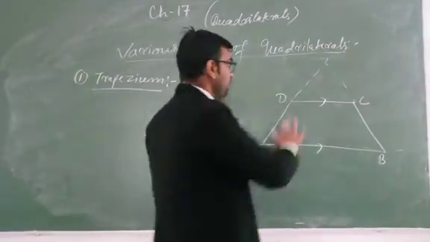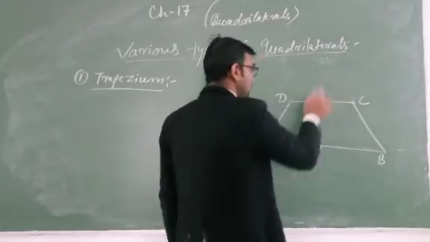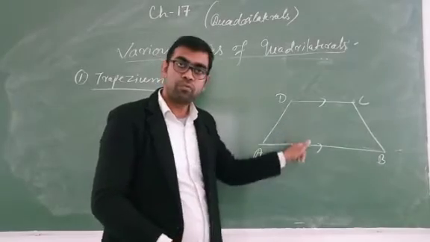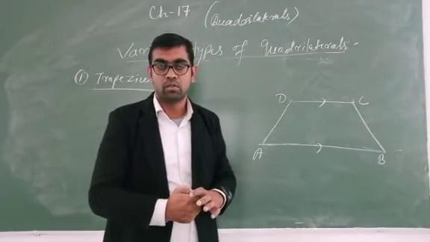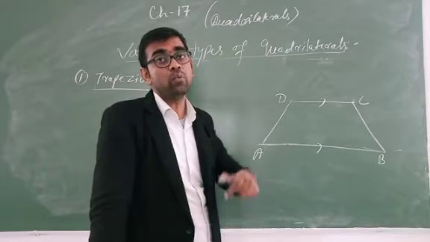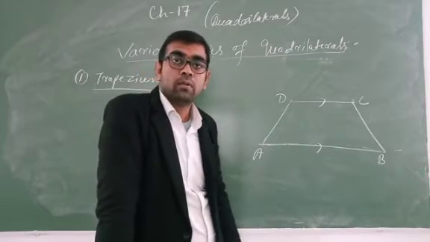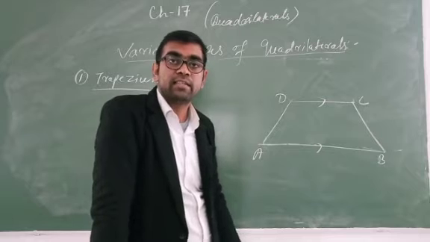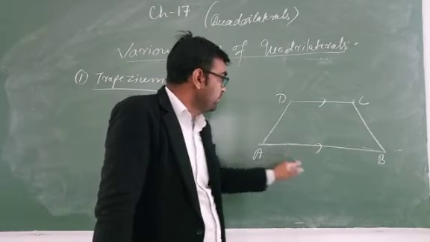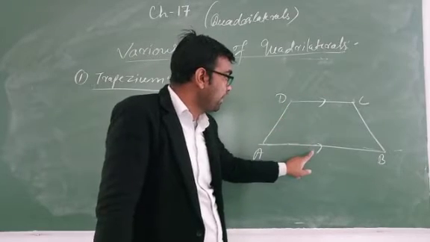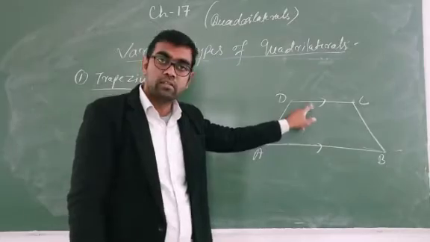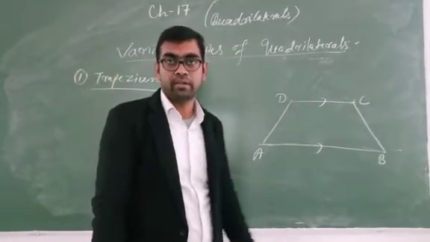So in this quadrilateral, only one pair of sides is parallel. What is a trapezium? A quadrilateral in which one and only one pair of opposite sides are parallel is said to be a trapezium. Here in ABCD, one and only one pair, AB, is parallel to CD, so ABCD is a trapezium.